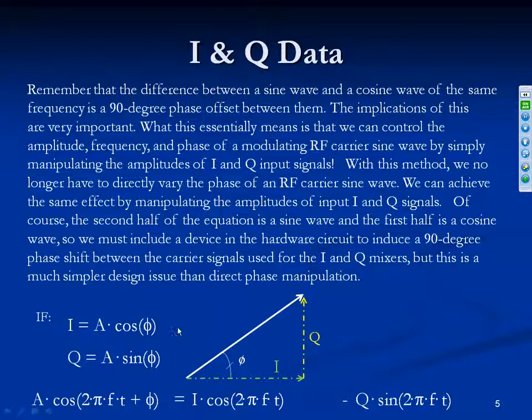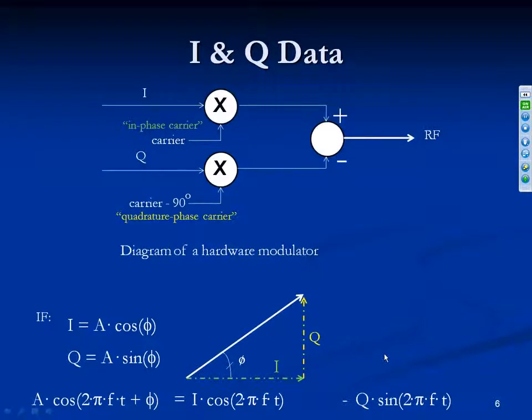Of course, the second half of the equation is a sine wave, and the first half is a cosine wave. So we must include a device in the hardware circuit to introduce a 90-degree phase shift between the carrier signals used for the I and Q mixers. But this is a much simpler design issue than direct phase manipulation. So here we have our equation with our I times the cosine of 2 pi ft minus Q times the sine of 2 pi ft.